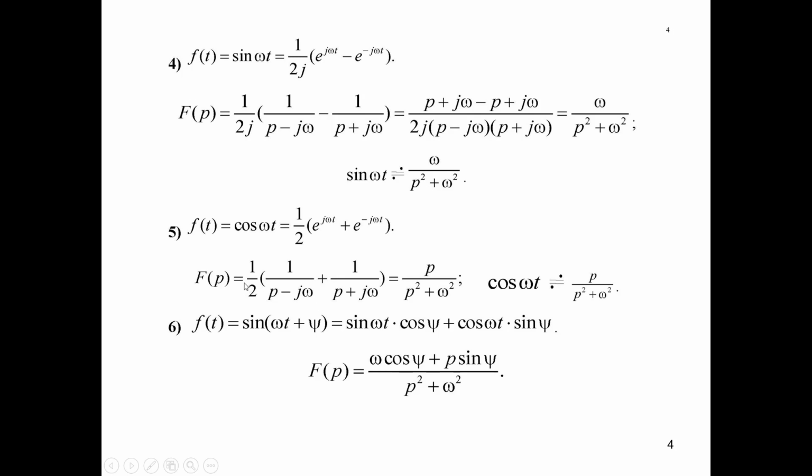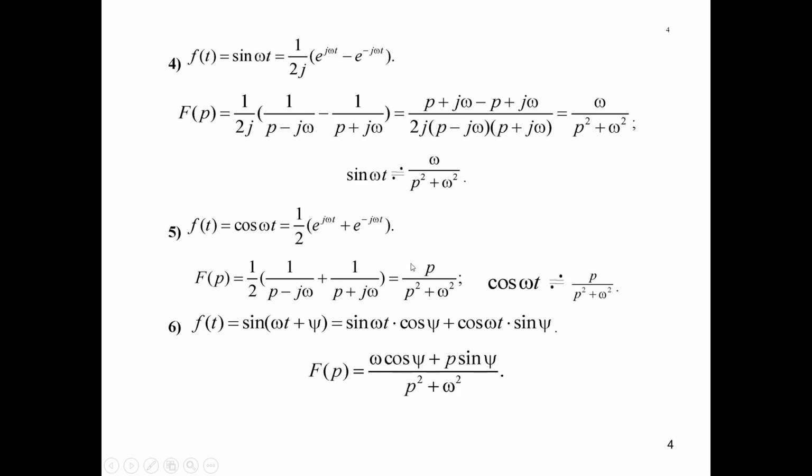Let's calculate and obtain the image by Laplace of this function of cosine, written in such a form, F of p. By the property of linearity, it will be equal to the Laplace image of this function.